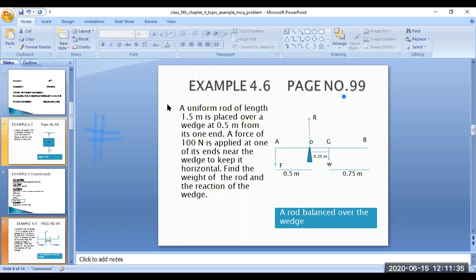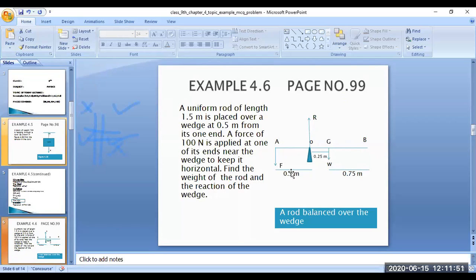Let me read the example again. A uniform rod, this A to B is the uniform rod, is placed over a wedge, this is a wedge, at 0.5 meter from its one end.